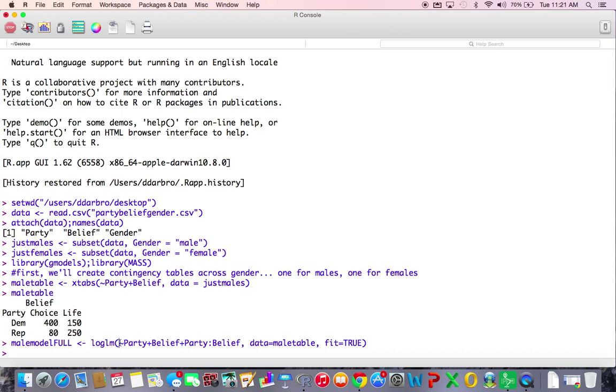Okay? Now, next thing I want to do is create a male model, and I'm going to do this one as none, because I'm not going to include the intercept here. This is important to point out, because this tells us exactly.